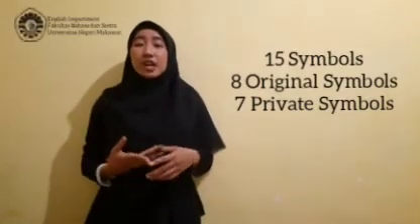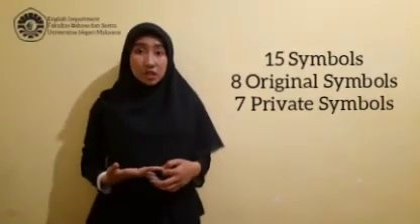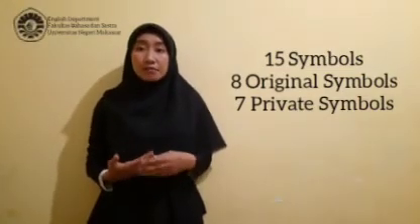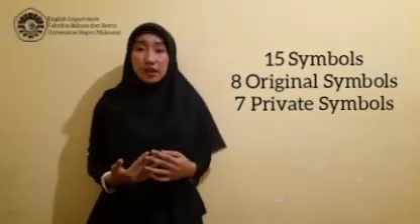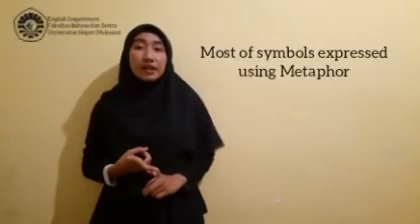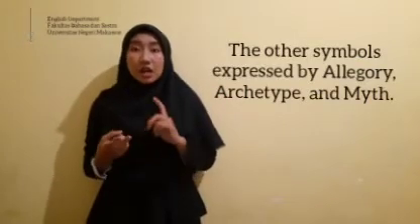The findings and discussion about the symbolism in Kazuo Ishiguro's novel The Buried Giant: I, as the researcher, successfully discovered 15 symbols that are related to the main characters of the novel. The 15 symbols are classified into two types of symbols, original symbols and private symbols. There are 8 original symbols and 7 private symbols.